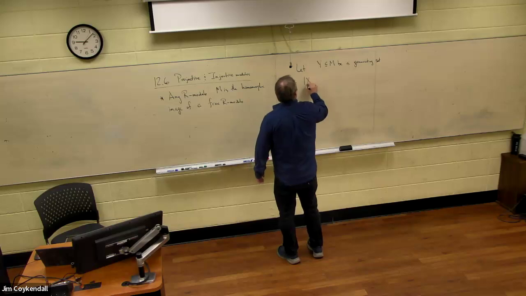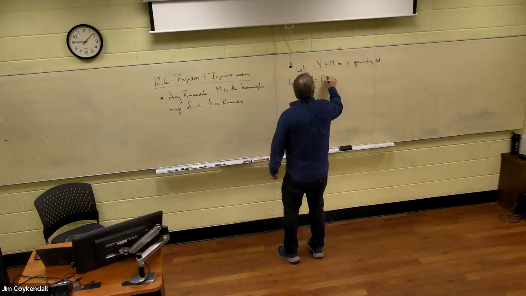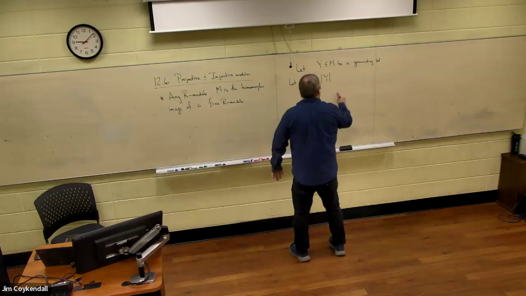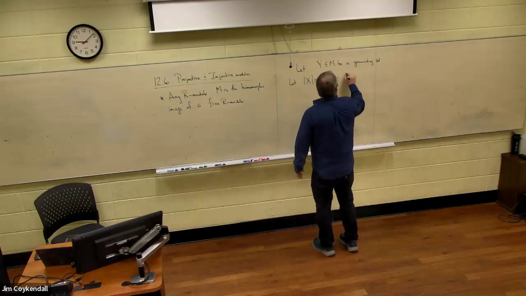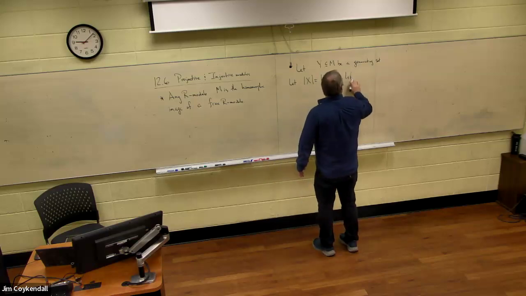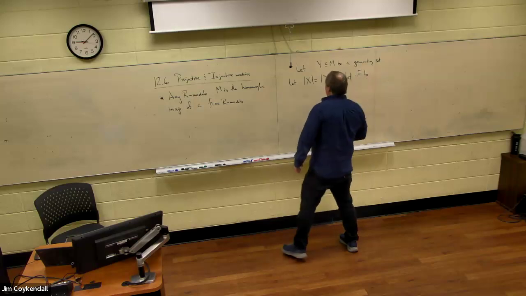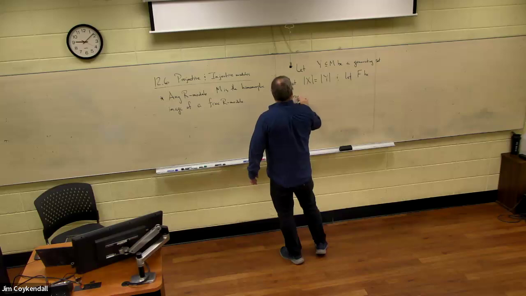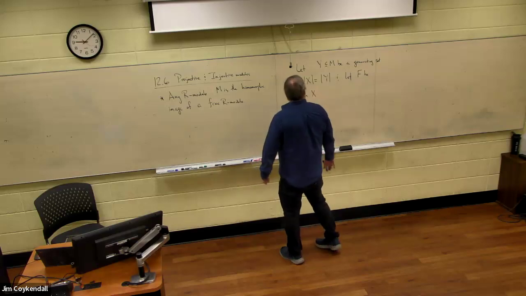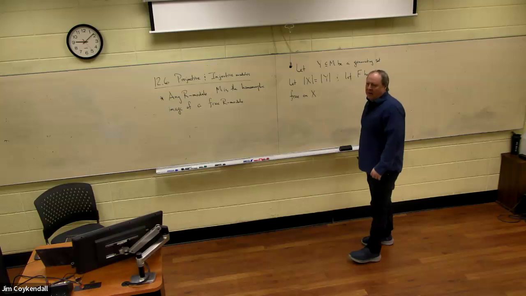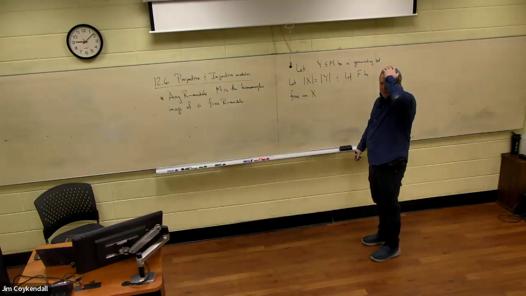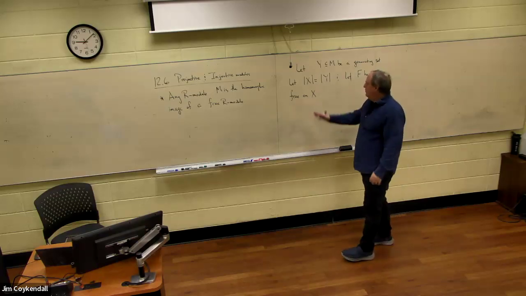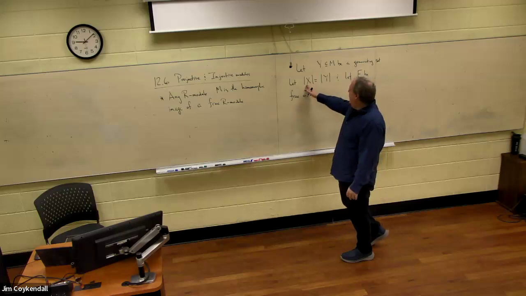Let the cardinality of X equal the cardinality of Y. And let F be free on X. So take some other set X of the same cardinality as Y. Doesn't matter, just some abstract set.